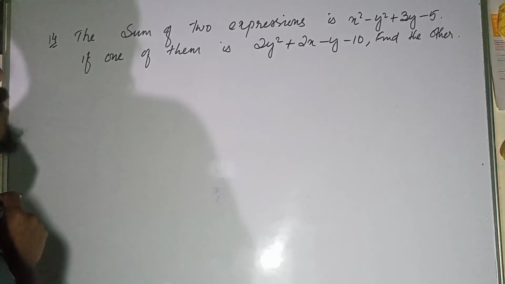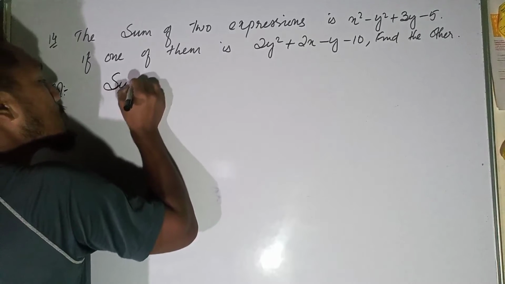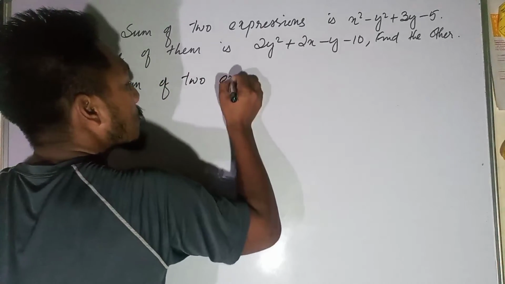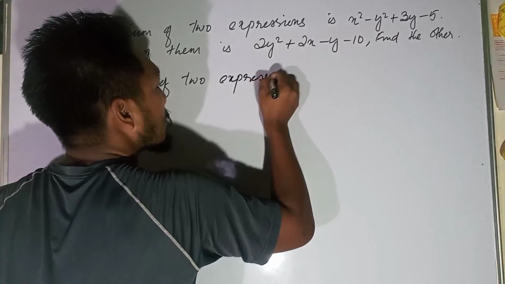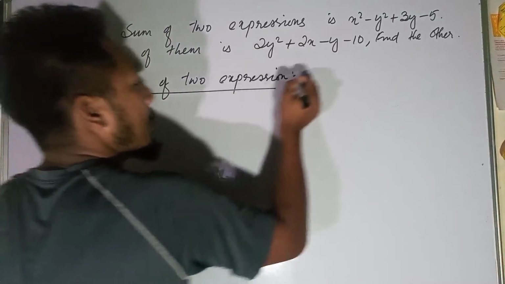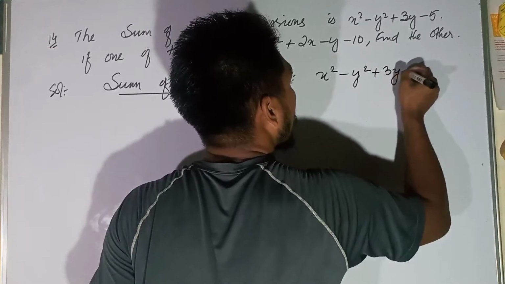You see, the sum of two expressions is given. The sum of two expressions is equal to x squared minus y squared plus 3y minus 5.